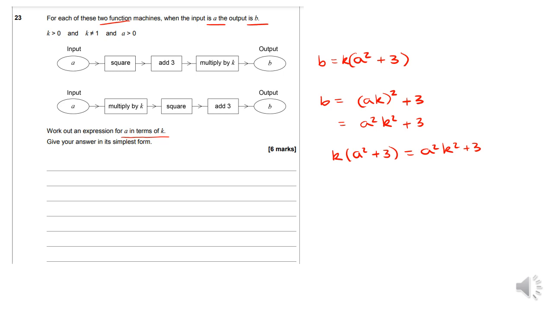If I expand this bracket out first, I get KA squared plus 3K equals A squared K squared plus 3. So it'd be really nice to get the A's all on one side, ideally, if that's possible.